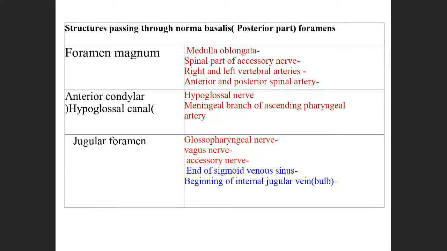Then the anterior condyle or hypoglossal canal, and then the jugular foramen. What structures pass through these? Remember, you have to learn all these structures by heart. Again, I repeat, all the foramina and all the structures passing through each foramen, you have to remember.